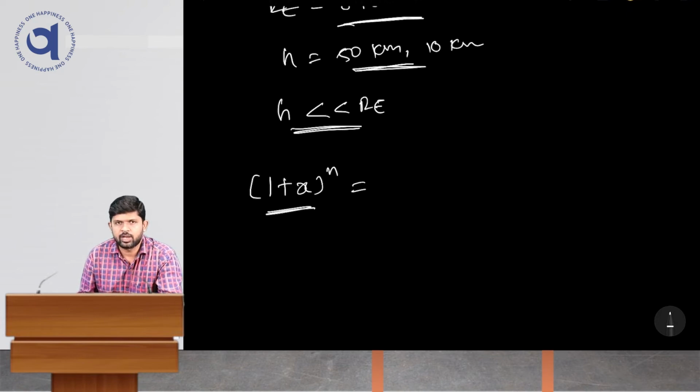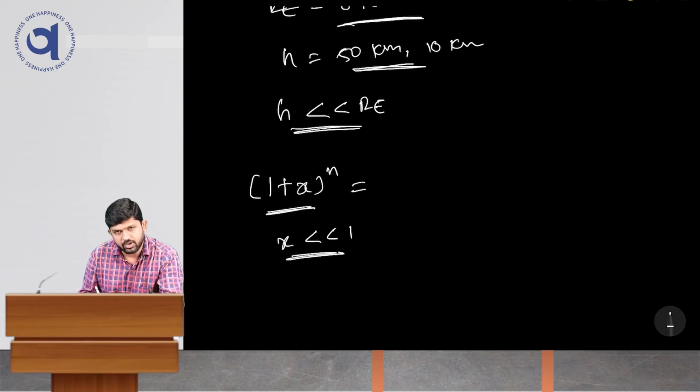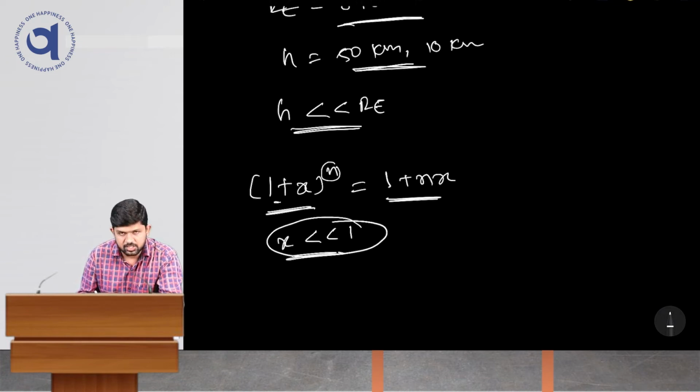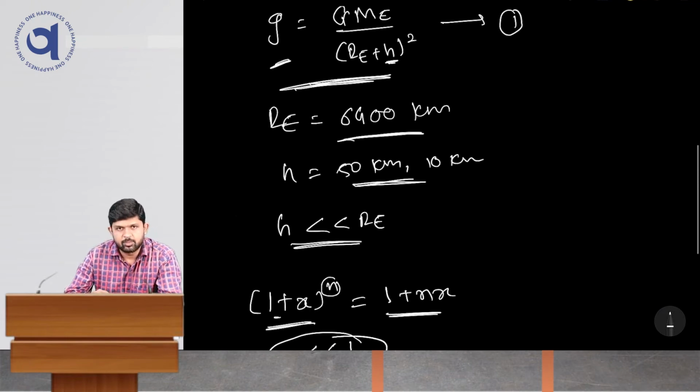We are not going to write the whole series here, but if the value of x is very much less than 1, then (1 plus x) raised to n is approximately 1 plus nx. What we did is just multiply the power with the second term, so we got 1 plus nx, right? Now let us check whether this condition is applicable here or not.